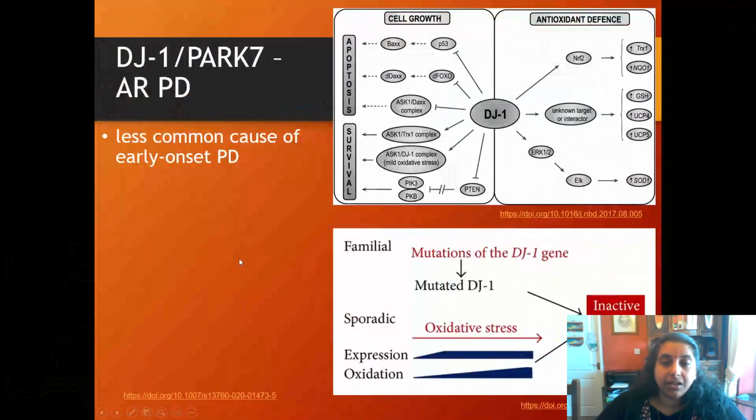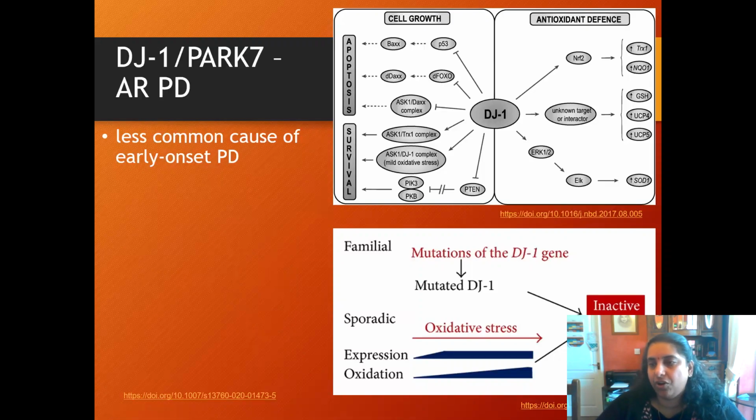Let's go. So another one of the genes that mutations in can cause Parkinson's disease is called DJ1. It's also known as Park7, and it is also autosomal recessive Parkinson's disease, which again means both copies of the gene are mutated, and that causes Parkinson's disease.